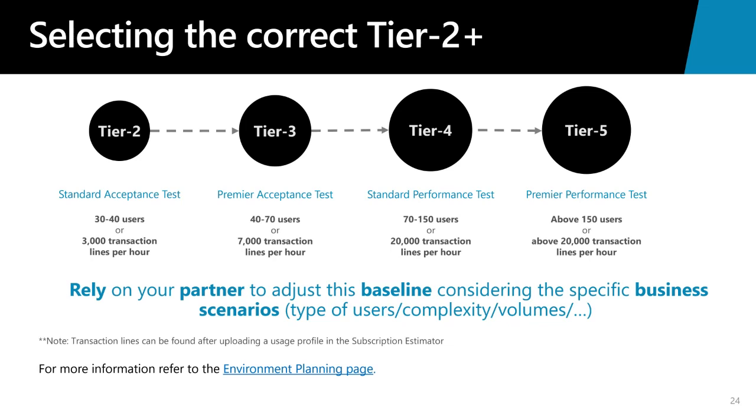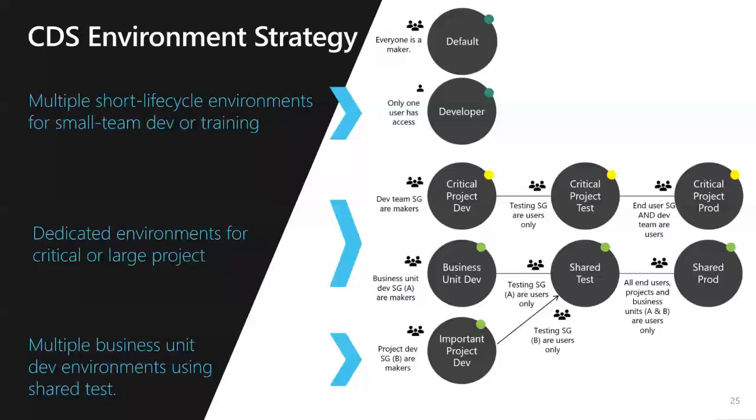So next, let's see how to choose an environment for CDS. As for the CDS environment, how you choose to use the environment depends on your organization and the applications you are trying to build.